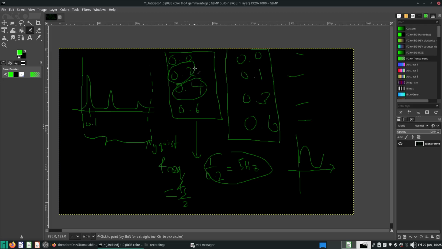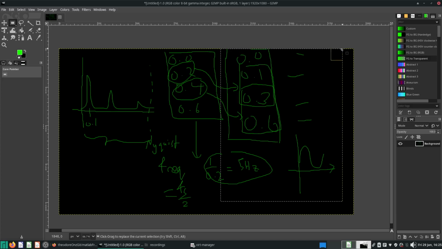So for example, 0.2, you can guess it by linear interpolation from the data points of 0.1 and 0.3. Likewise, 0.4, you can also linearly interpolate between the data points 0.3 and 0.6. So basically, the non-uniform fast Fourier transform, you can do some guesswork.